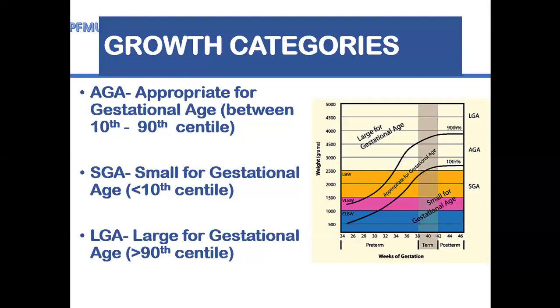So there are three main categories. The first category, where the majority of fetuses are, is appropriate growth. So when you get the fetus and they are between the 10th and 90th percentile, very much.